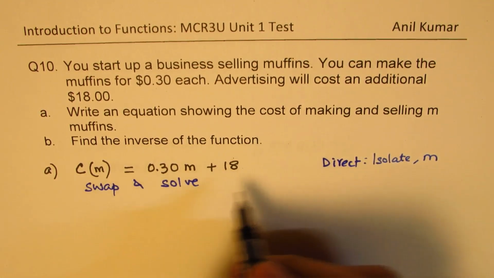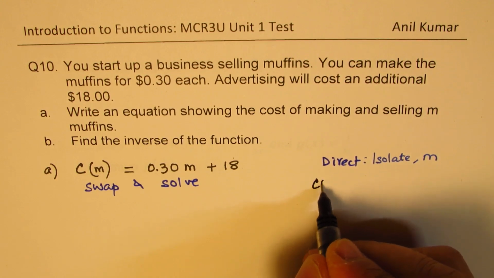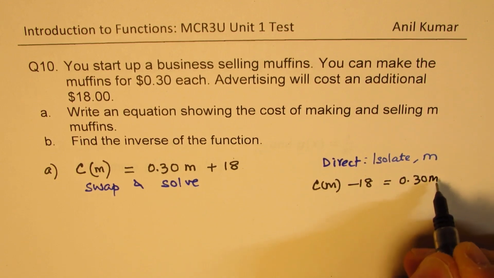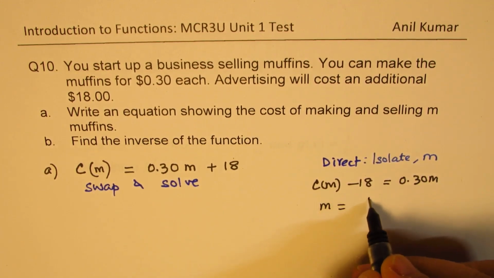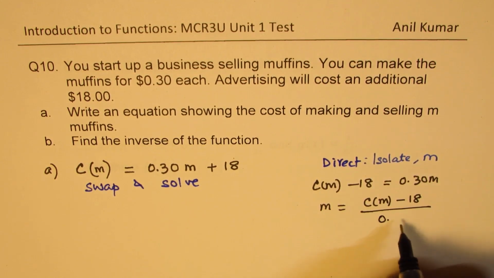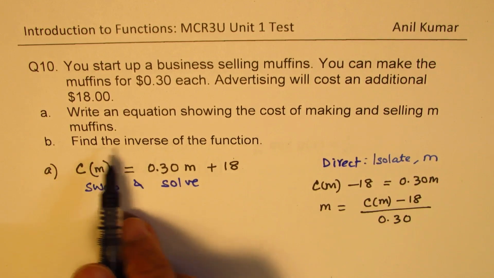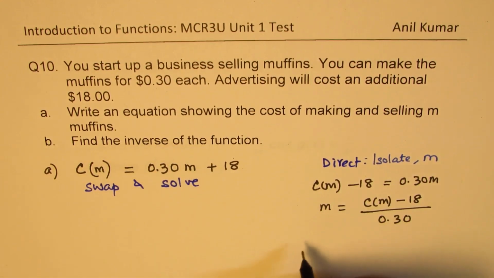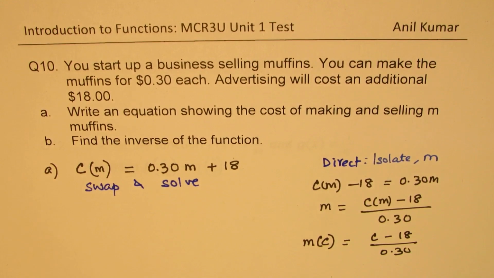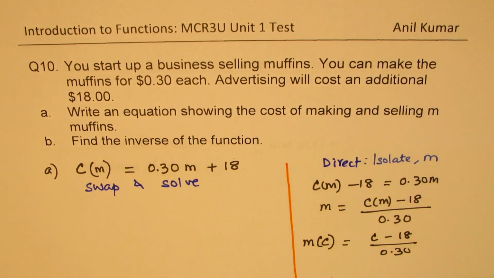So what we get here is the cost C minus 18 equals 0.30 M, and so M equals cost of the muffin minus 18 over 0.30, correct? So when you do the inverse, basically you have found that the number of muffins for the amount C which you pay could be written as cost minus 18 over 0.30 as your answer, correct? So if you do the direct method, those will be your steps.